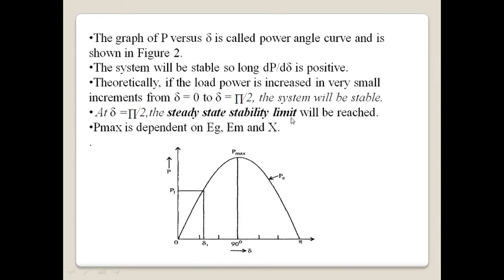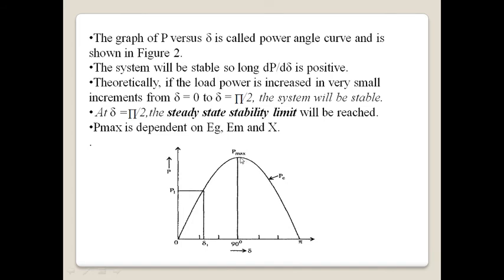In the last lecture we saw what the steady state stability limit is. It is the maximum power transfer, or the maximum power received at the receiving end. That is called the steady state stability limit, SSSL. So this is our limit.